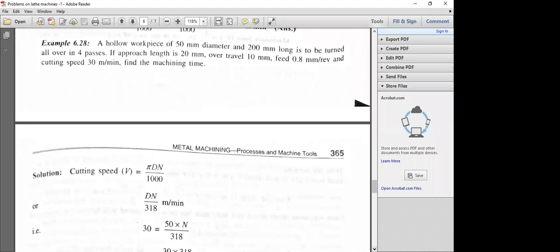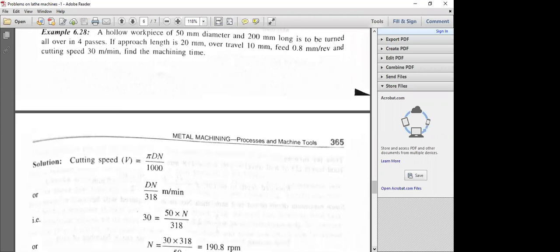Just try to find out N. So V is 30 meters per minute, and you have the hollow workpiece of 50 mm diameter. Pi is 3.14 into 50 into N by 1000. You can directly calculate that value, or you simply substitute the values conventionally from the fundamentals.